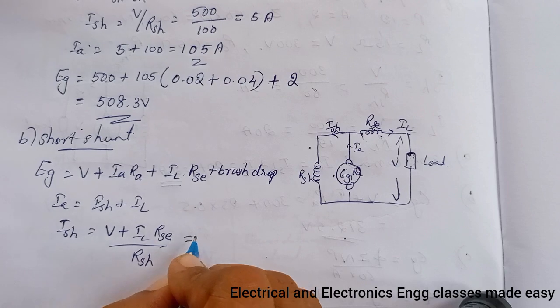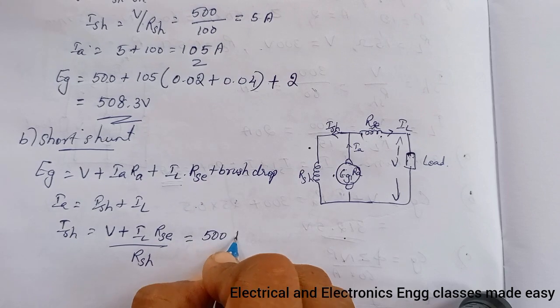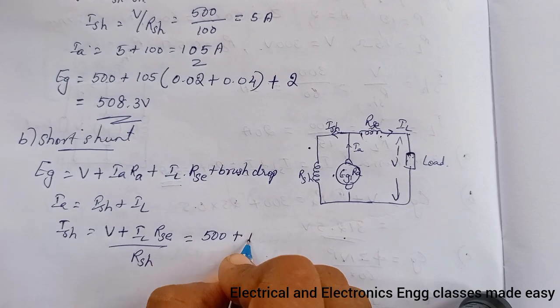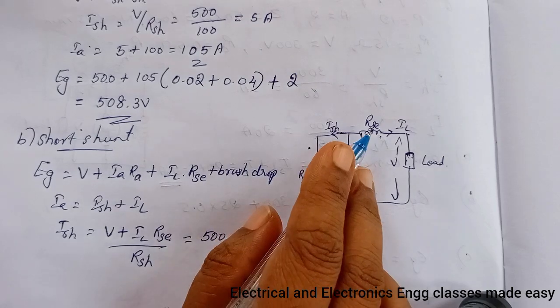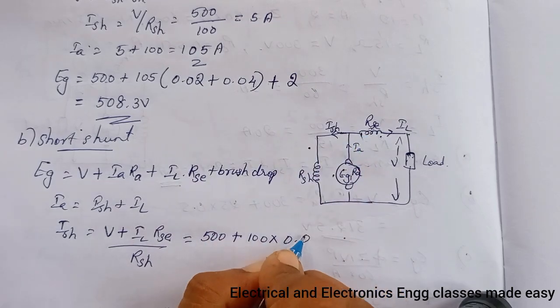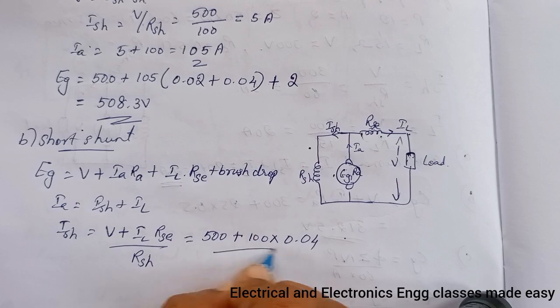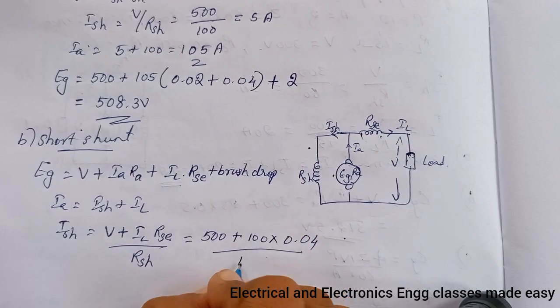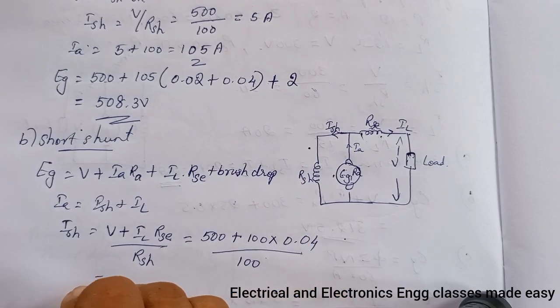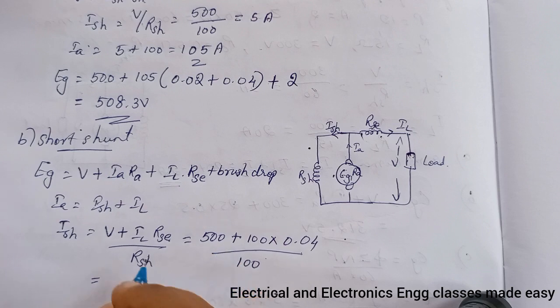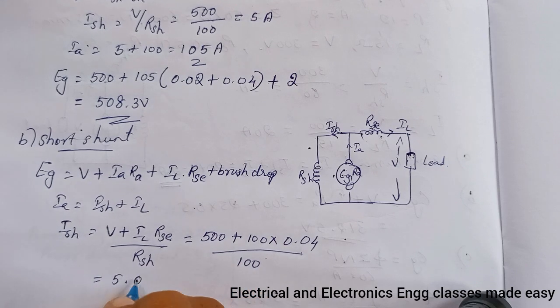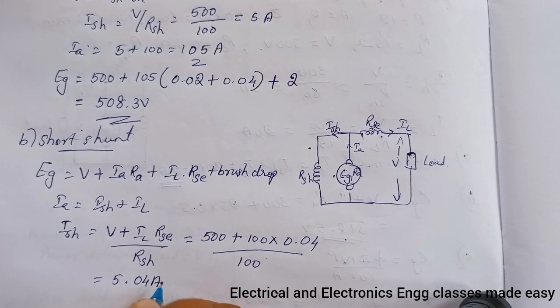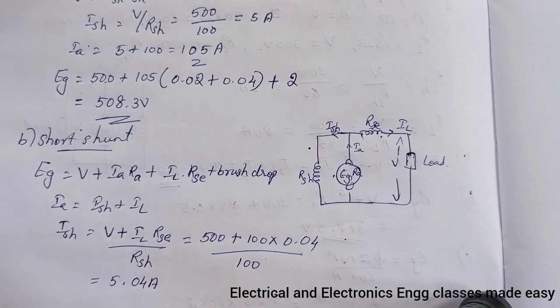Here V is 500, so 500 plus IL, which is 100, into RSE, which is 0.04, divided by RSH, which is 100, and we get ISH as 5.04 amperes.